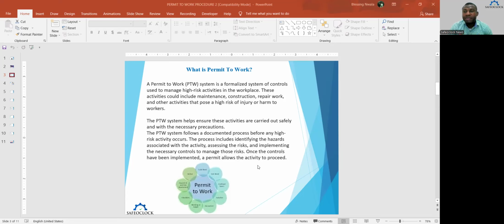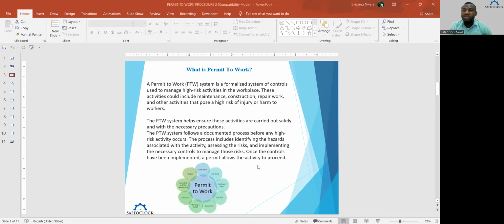Because before the activity commences, the person taking the permit, or the permit receiver, must have presented the required documents, which in most cases include the job safety analysis, the risk assessment, the method statement, or all the documents required to ensure that proper risk has been assessed, that the location has been assessed for necessary hazards, and the proper control measures are all in place.